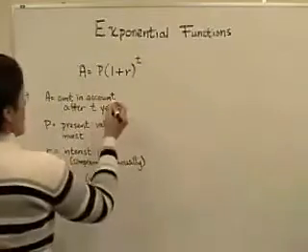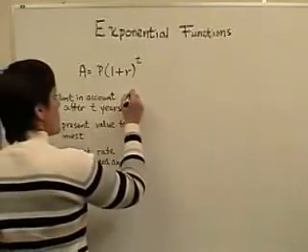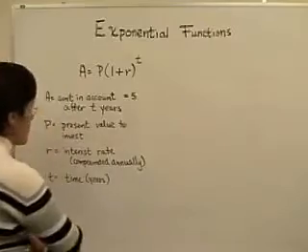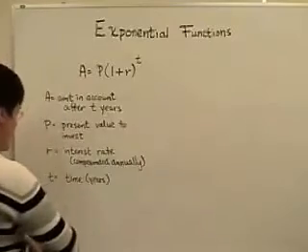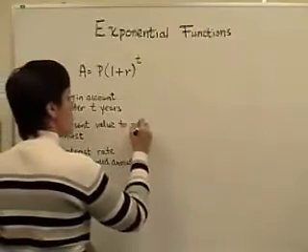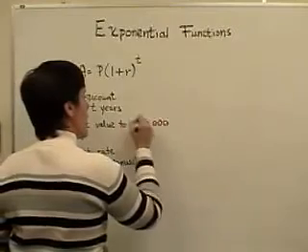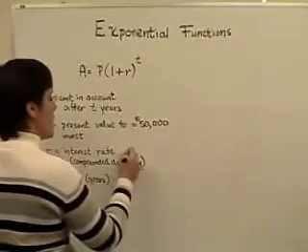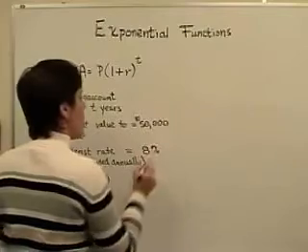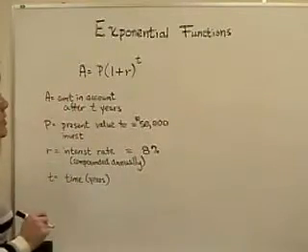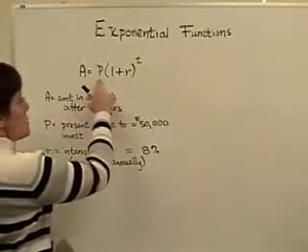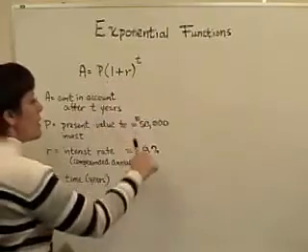Again, $50,000 invested right now at an interest rate of 8% over some period of time. So if I want to write a function for this, all I'm looking to do is substitute in for P and for R these values.